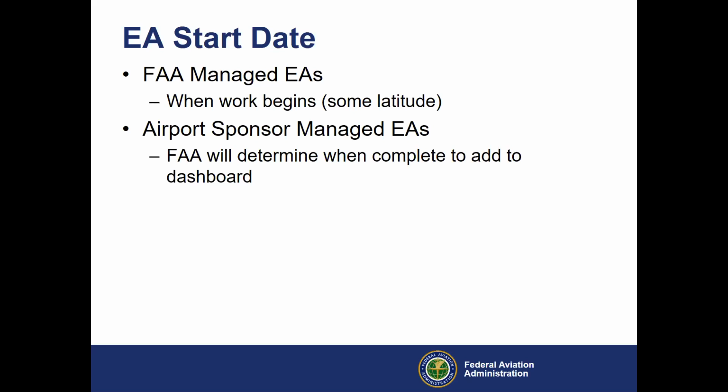For EAs prepared by an airport sponsor or applicant, the project initiation is the date when the FAA determines the EA to be complete enough to commence review of the draft document.